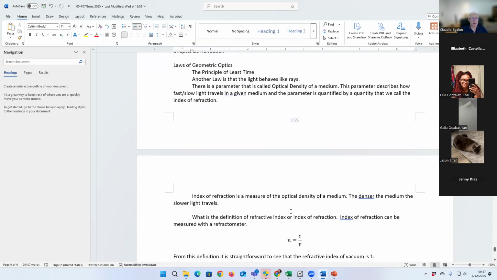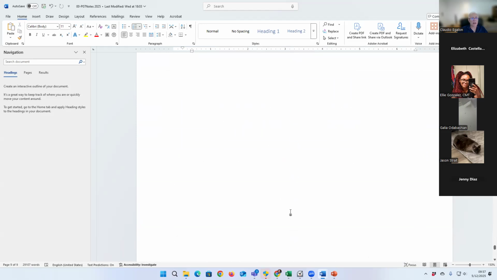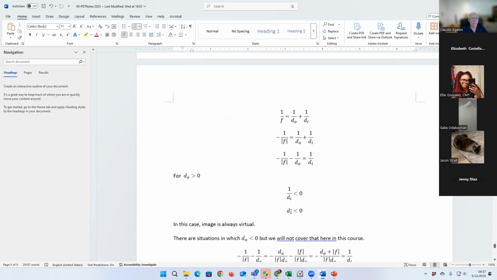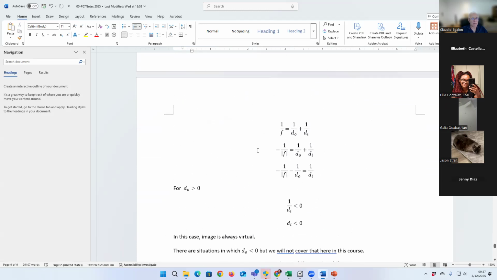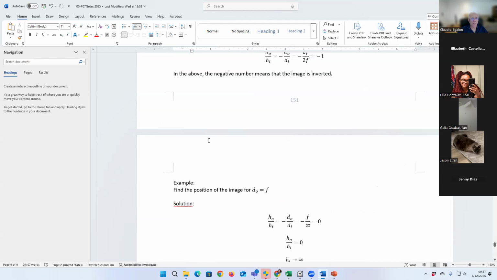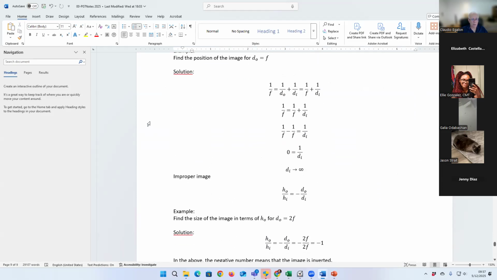Just by doing the similar triangles, that's the argument that we use to find those equations. Here you go. Let's see if we can get everything at once. Yeah, looks like I'll have to.